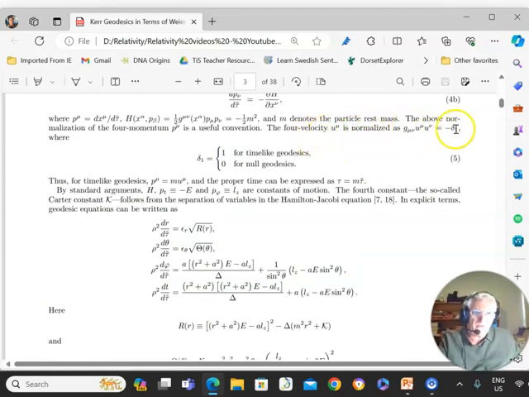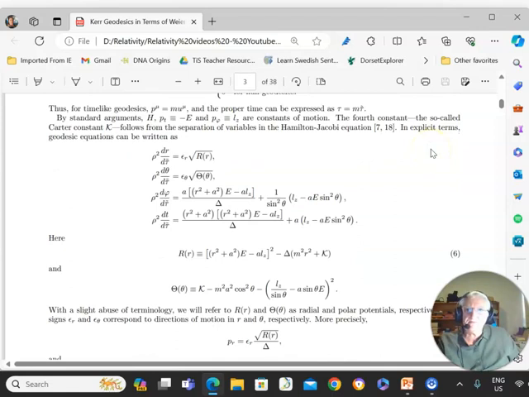Normalizing the four-velocity gives you this, minus 1. They've set c to 1 and G, the gravitational constant, to 1, but minus 1 in their case. You normalise the four-velocity, and it is 0 for a particle travelling on a null geodesic, so a photon.